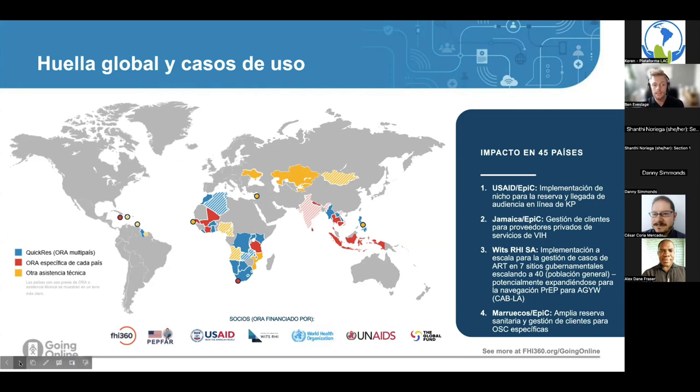In some other cases, HIV programs have joined the use of a common shared Aura application called QuickRes. And because they share the use of the same platform, they're able to roll out faster and at a lower cost. And we'll go to the next slide.